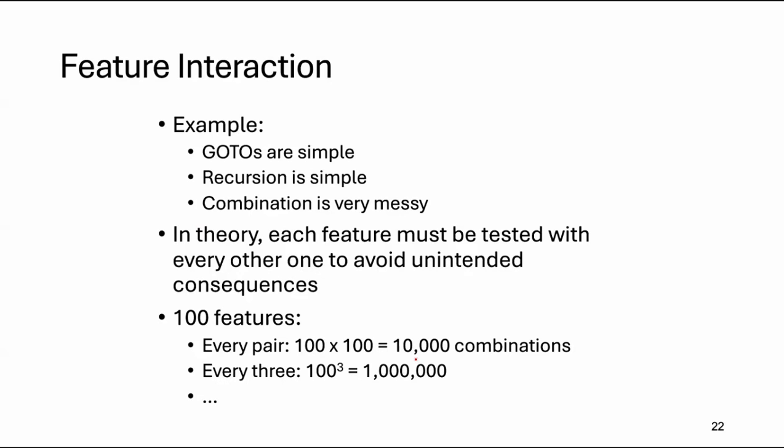So it's very complex to test the features together in order to understand the behavior when they interact. You see that it's not as simple as we might think: the go-to feature separately is simple, the recursive feature separately is simple, but both combined create a very messy behavior.